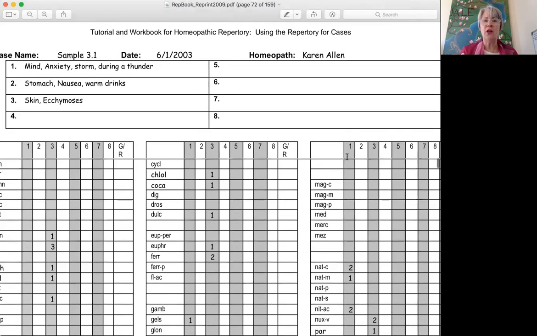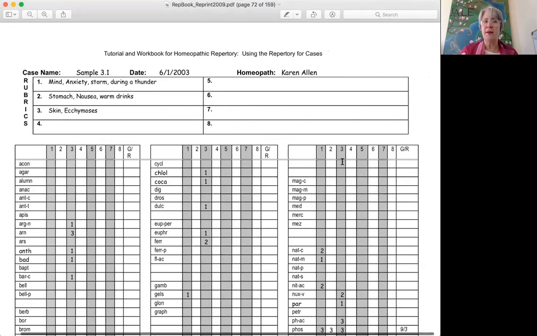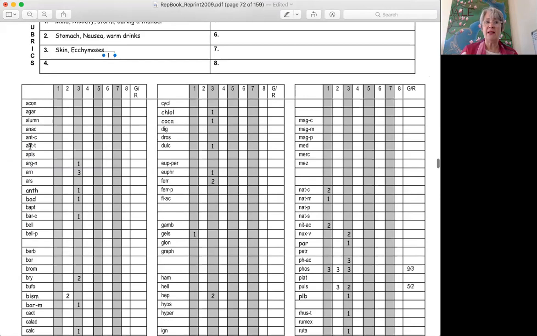Now you can download these from the RP10 initial section. And this was the first 5 years of my practice. I repertorized by hand like this all the time. So I wrote my rubrics up here. And then each of these remedies that I might be considering were in this list.